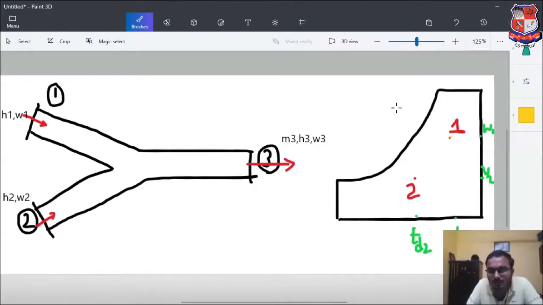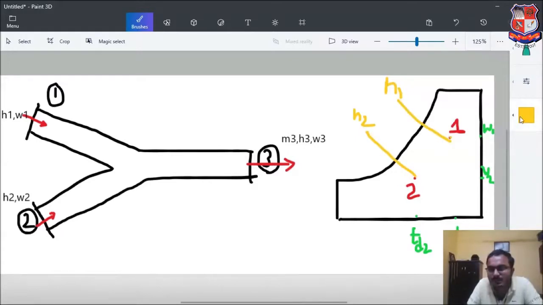can be obtained on the psychrometric chart here. That is, this value will be H1 and this value will be H2, taken by connecting these lines.